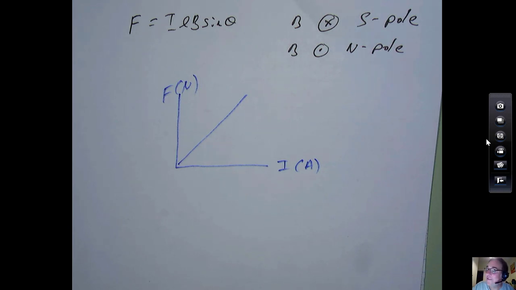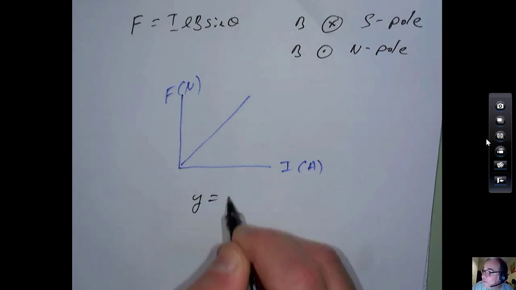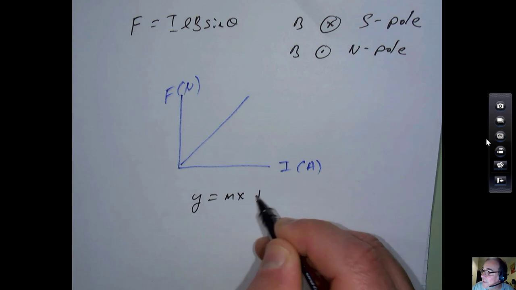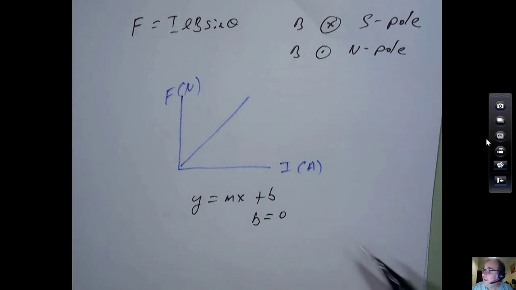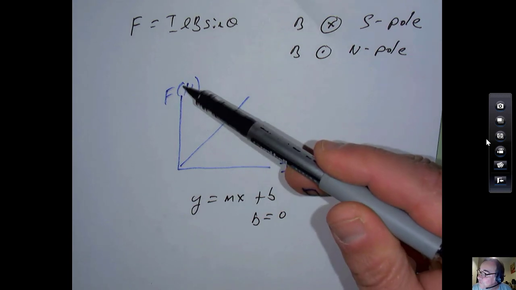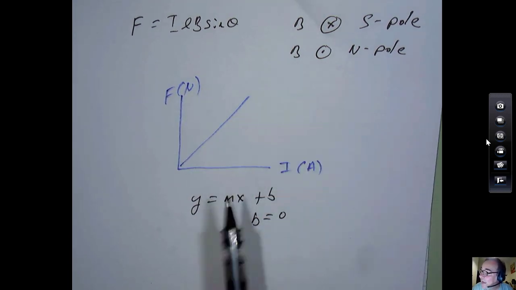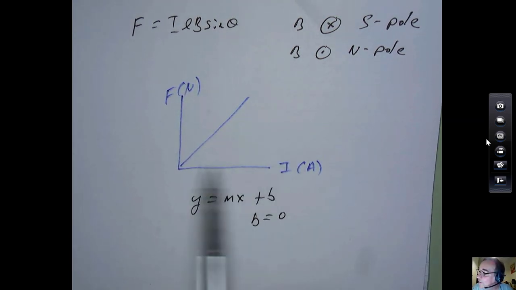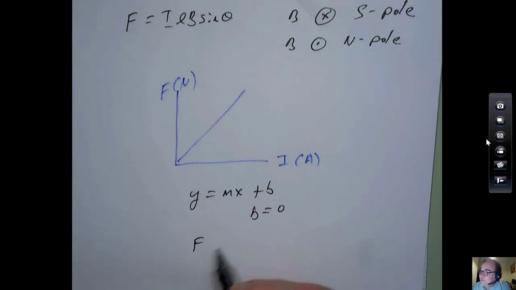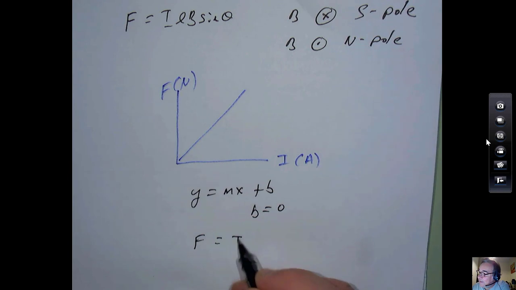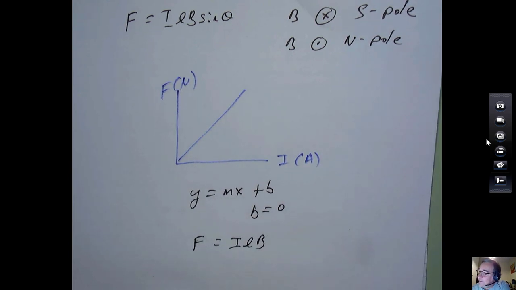So remember what a graph is. It's like y is equal to mx plus b. In this example, b is just going to be equal to 0. So we're plotting F on the y-axis, and we're plotting I on the horizontal axis. And here's the formula that we have. F is equal to ILB. Okay, let me rewrite it like this.